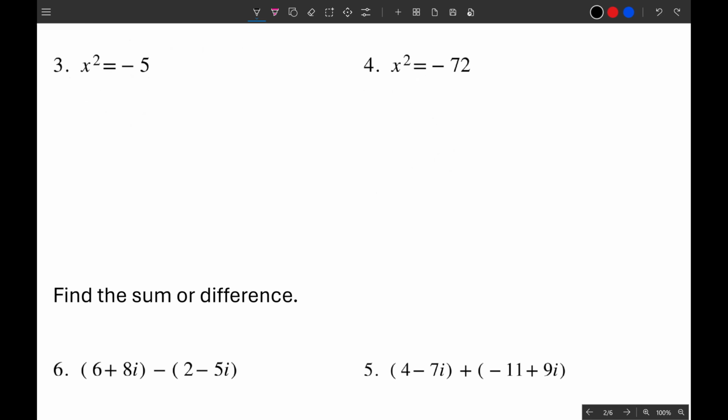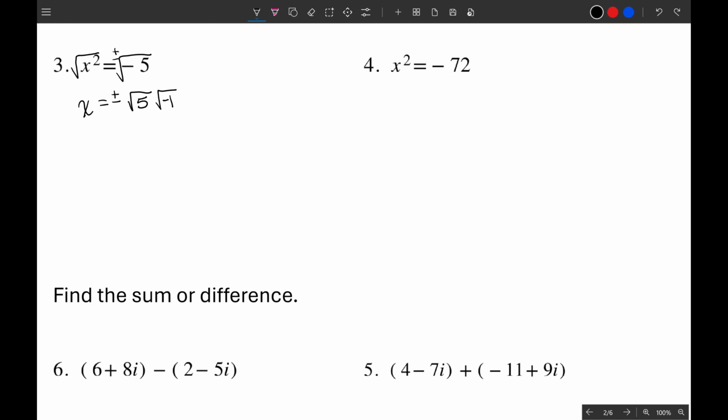Number 3. I'm going to take the square root of both sides. I know that I have a positive and a negative answer. So x is equal to plus or minus. Now again, I know that I have the square root of a negative, so I should have an i in my answer. And 5 is a prime number, so even if I split this into the square root of 5 times the square root of negative 1, I know that 5 is a prime number, and I can't reduce the square root of 5 at all, but I know that this is i.